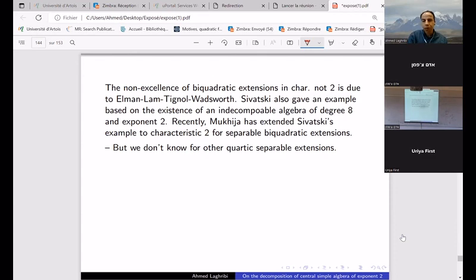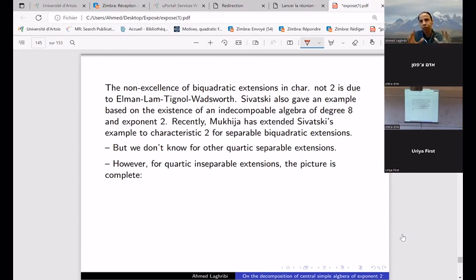Okay. But for quartic inseparable extensions, the picture is complete, really. If you take a quartic inseparable extension, it is one of the following types. We have 4 types. We have biquadratic purely inseparable, mixed biquadratic, simple purely inseparable, and simple not purely inseparable.